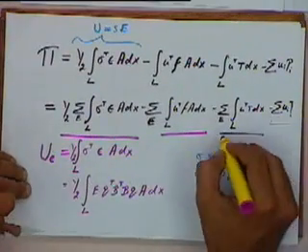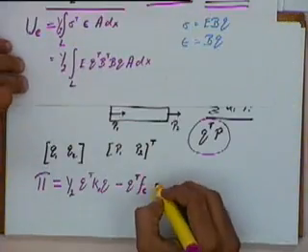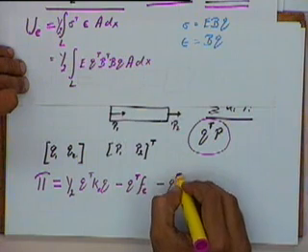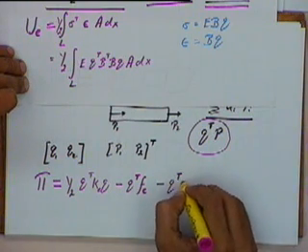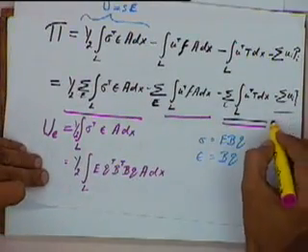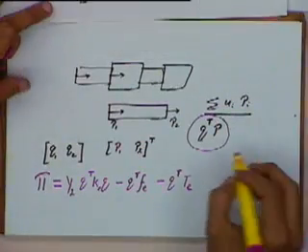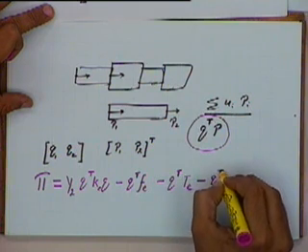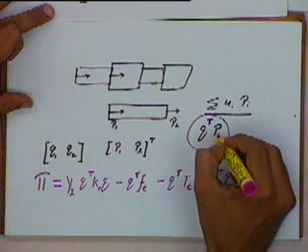This term is minus Q transpose into TE, and this term is minus Q transpose into P, let us say PE.